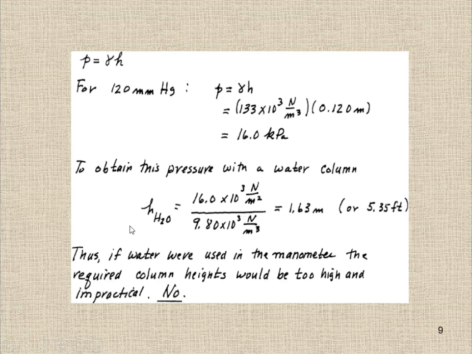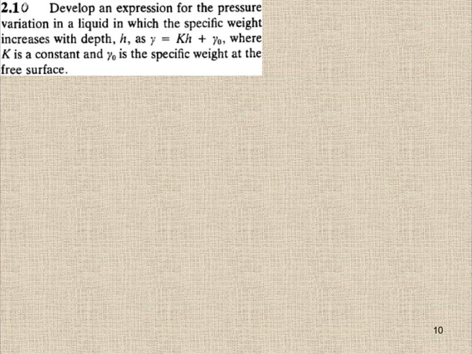Therefore, if water were used in a manometer, the required column height would be too high and impractical. This is the reason we cannot use water in the blood pressure measuring device, because the deflection is too high. Now let's move on to another question.